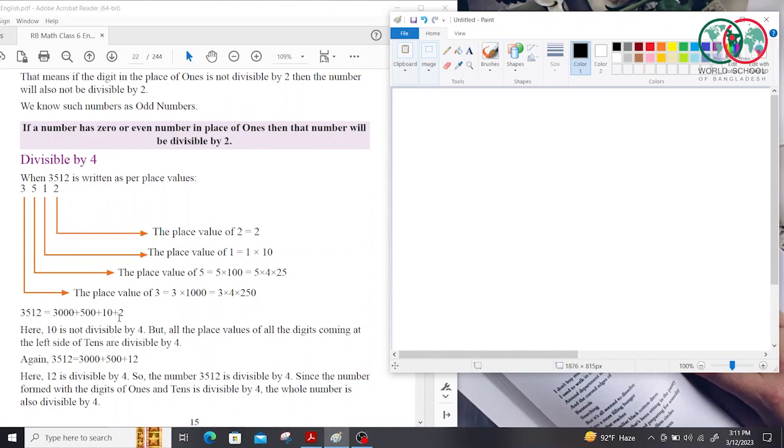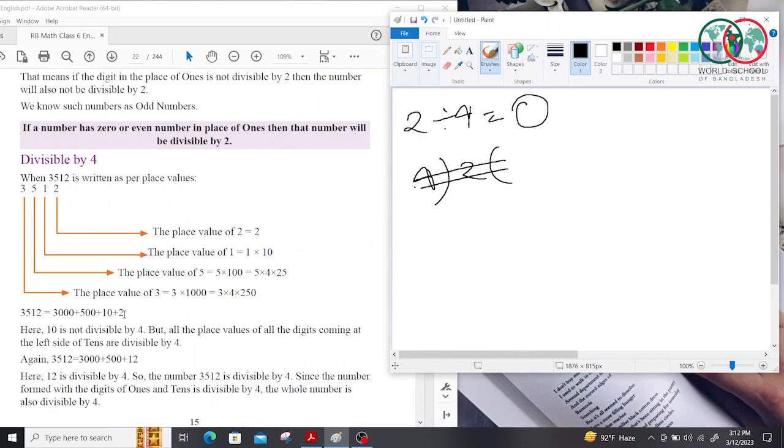Now we can see that the number 2 is not divisible by 4. We can't divide 2 by 4 and get a whole number, right? We get a fraction, because 4 is bigger than 2.